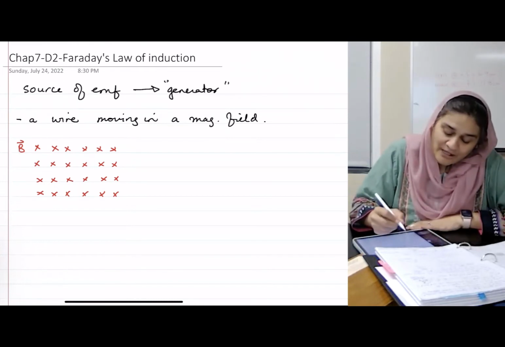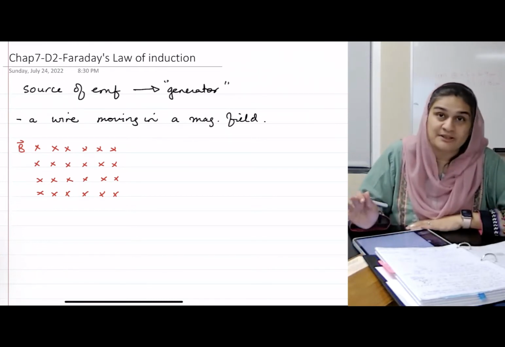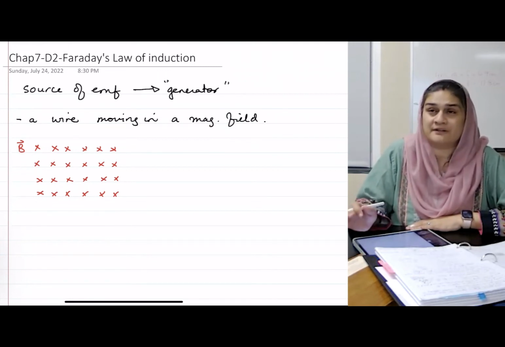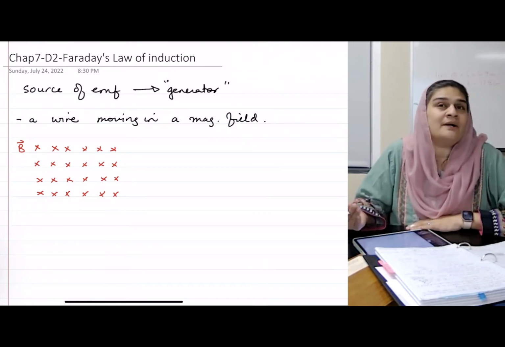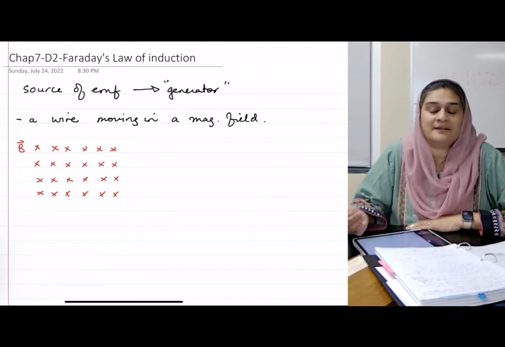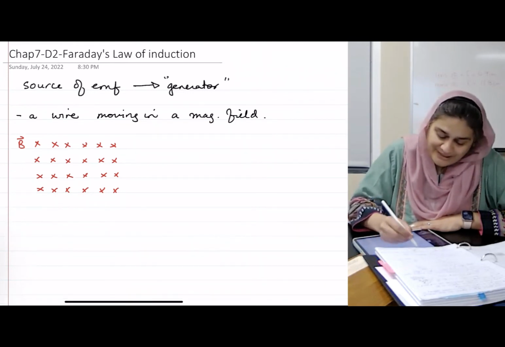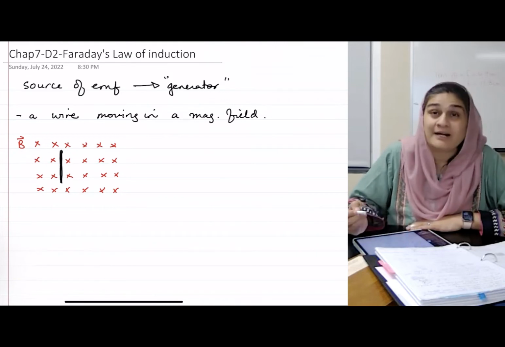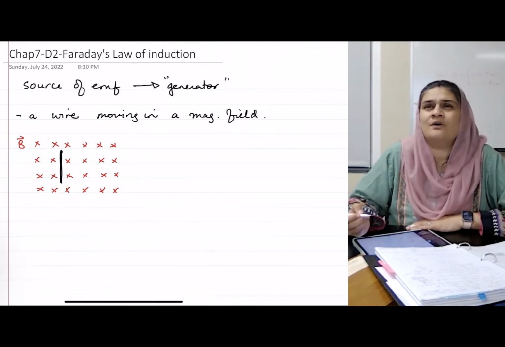Okay, now I said the simplest source of EMF is a wire moving in a magnetic field. Now, how do I know if I move a wire in this field? Let's say I have this wire and I move it in this field. How will I know that it's generating EMF?